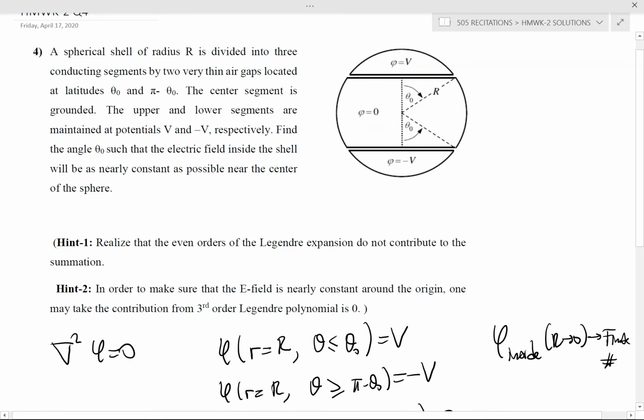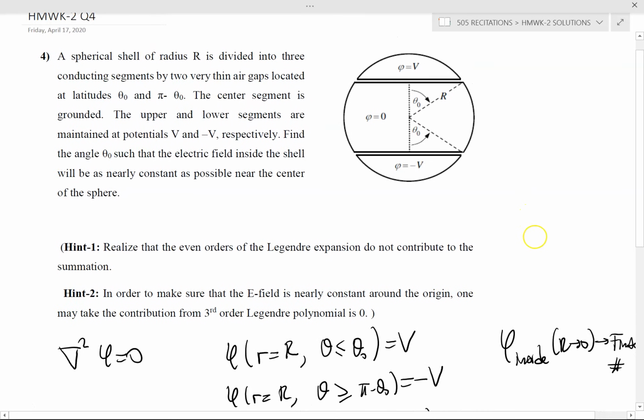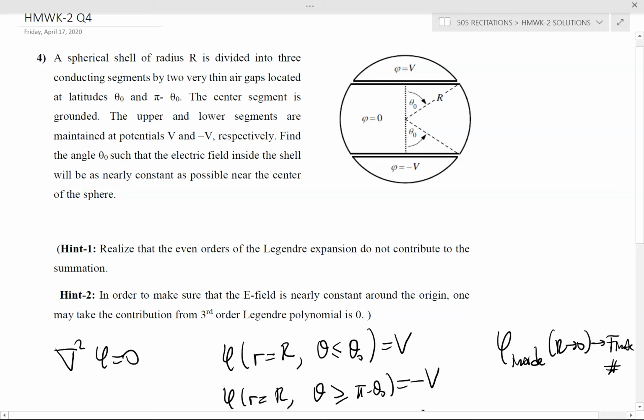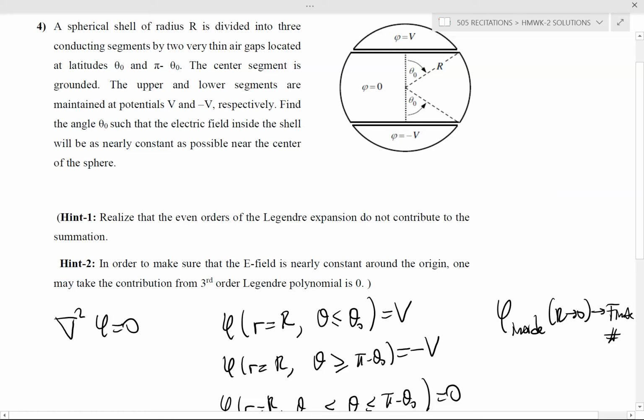Before solving in the details, I would like to motivate you with the purpose of the question here. We would like to find the angle theta 0 such that the electric field inside the shell will be as nearly constant as possible near the center.